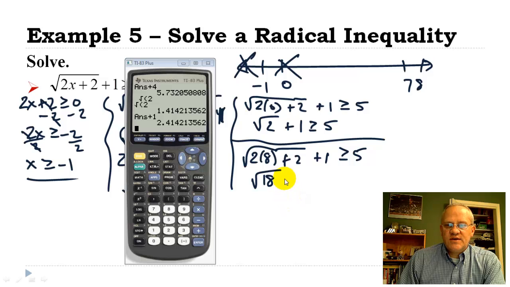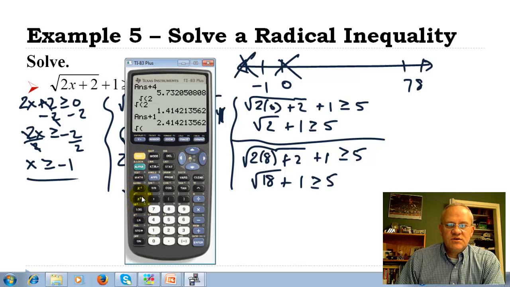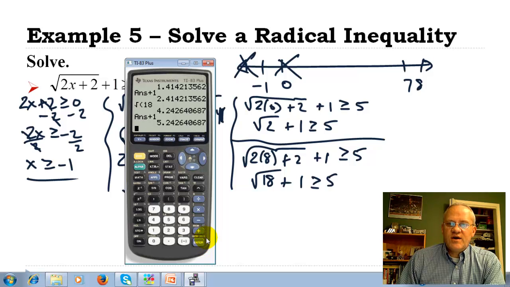So we have the square root of 18 is what we're checking here. Second function, square root 18 equals 4.24 plus 1 equals 5.24. Is that greater than 5? It sure is.